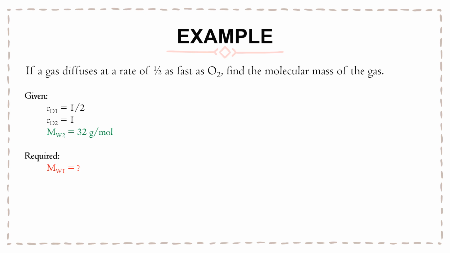We are given the rate of diffusion 1, which is 1/2. Rate of diffusion 2 is 1, which is of course the reference here. We are only given the rate of diffusion of one gas, but of course we must have a reference for gas 2, which is 1.